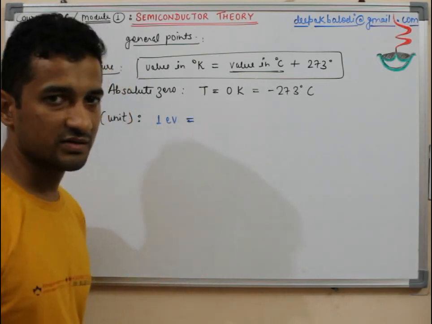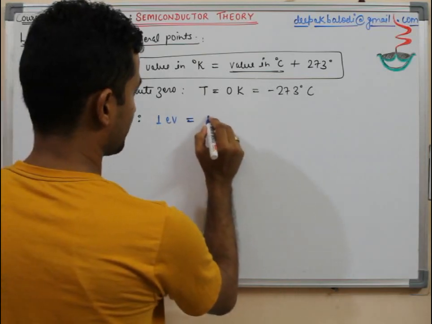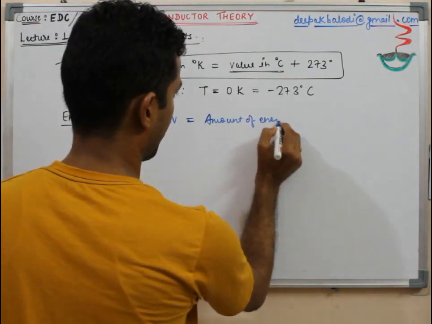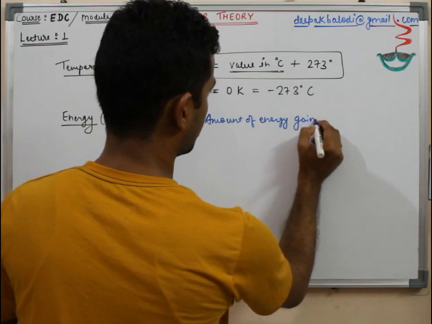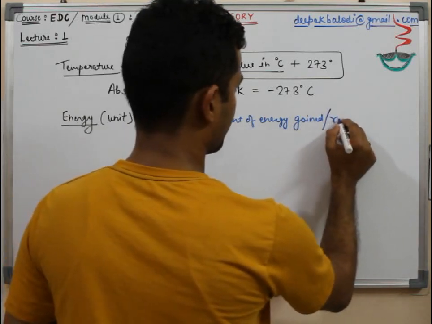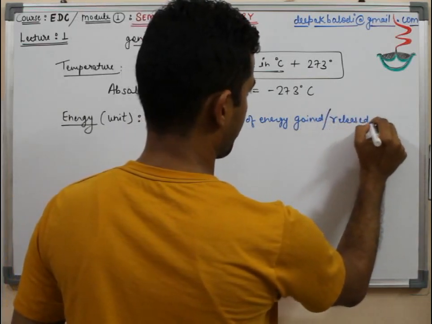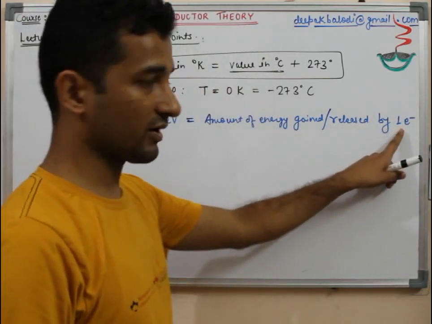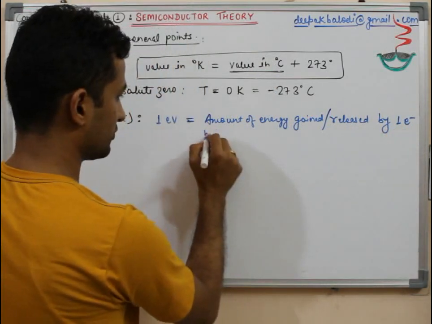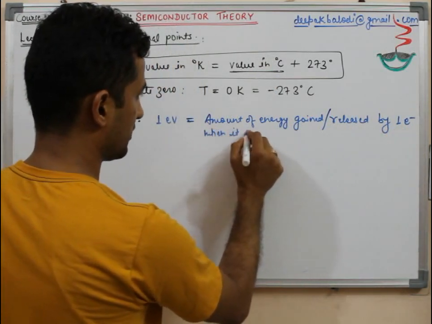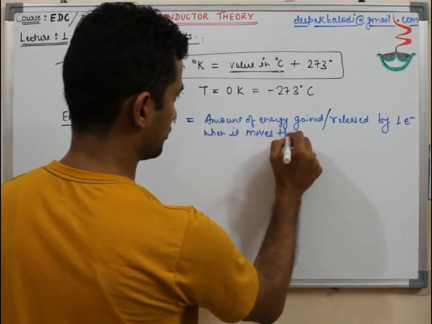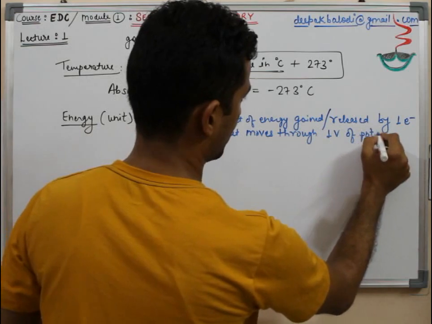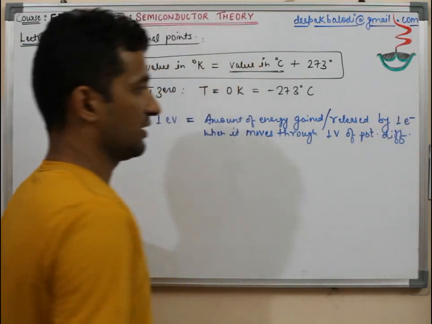So by definition it is the amount of energy gained or released by 1 electron when it moves through 1 volt of potential difference.